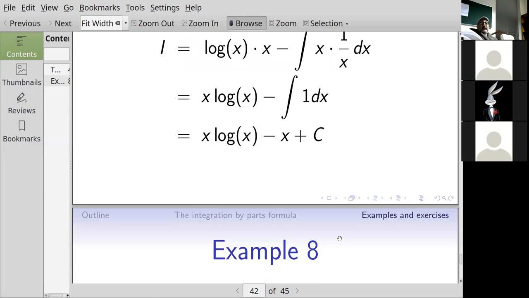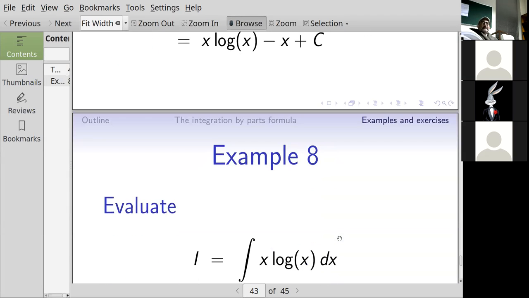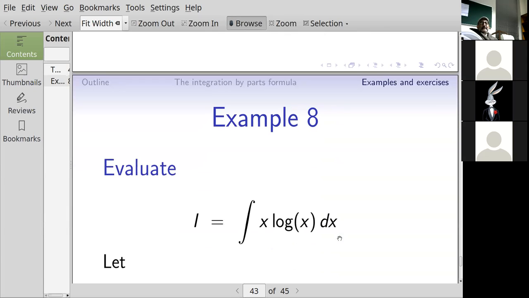Okay. All right. Let's do this one. I is equal to the integral of x log of x dx. How am I going to make my choices? You said u is equal to x.